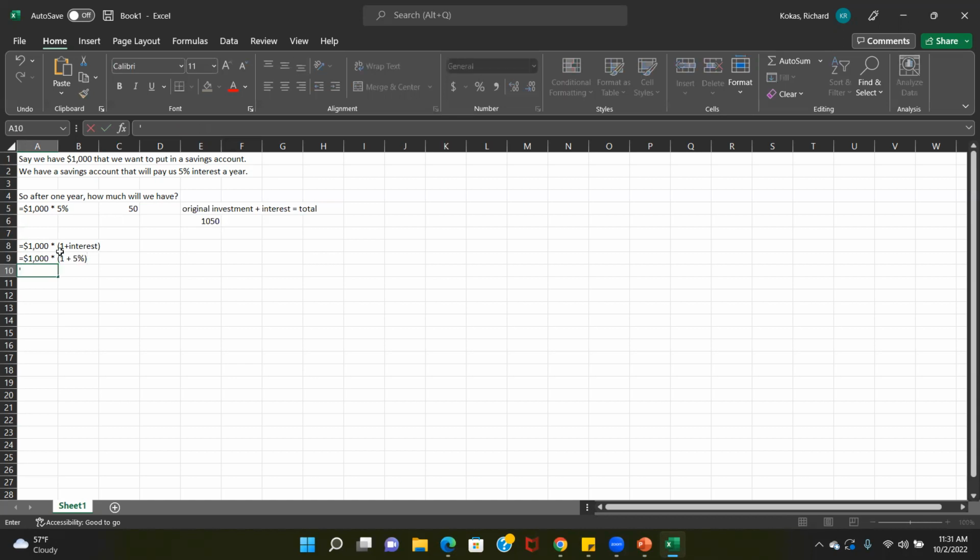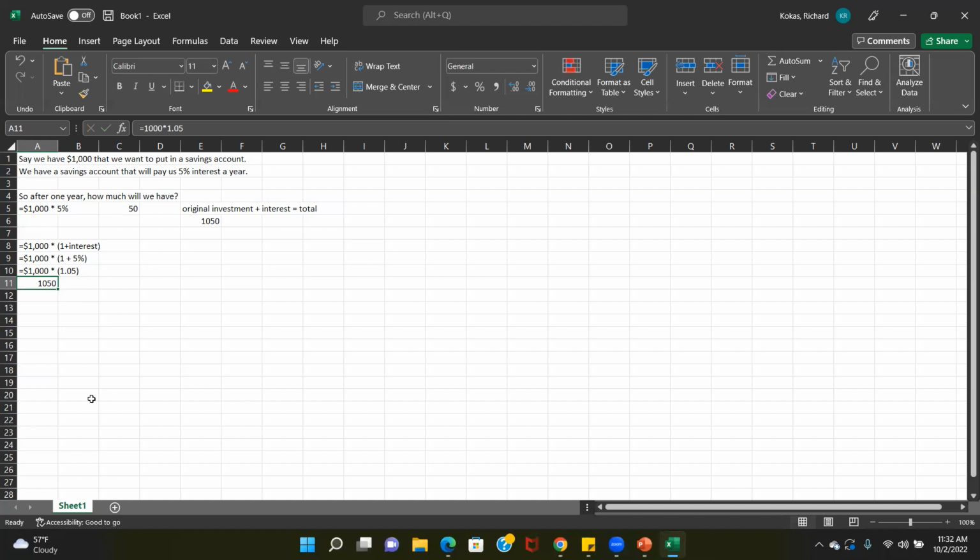Let me break it down step by step so it isn't confusing. It's $1,000 times 1 plus 5%, and 5% is 0.05, so that's 1.05. 1,000 times 1.05 gives you $1,050. Both are ways to do it. Once you get comfortable, this is the quicker way, because all you're doing is putting a 1 in front of the interest and multiplying. That's how you get simple interest.